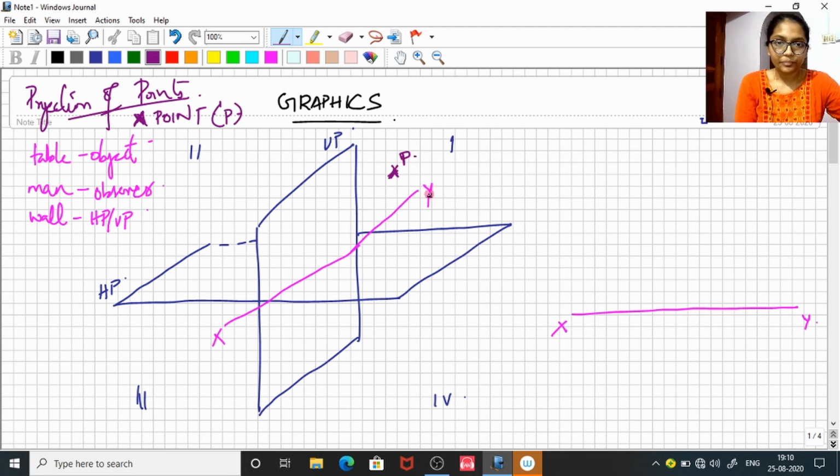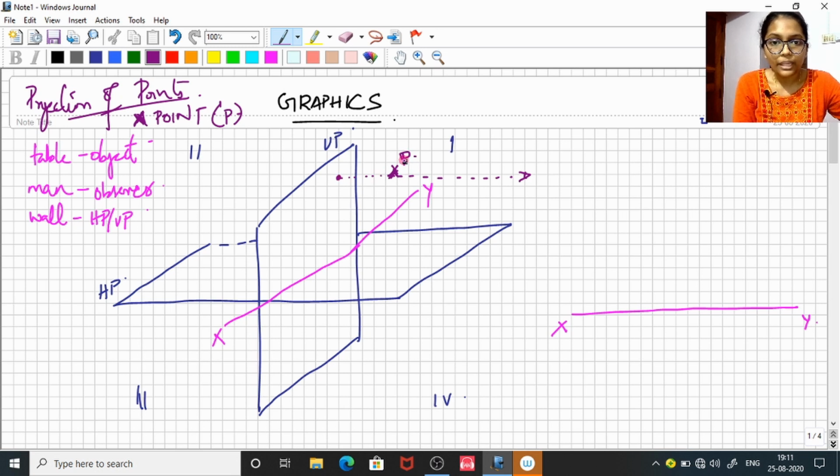So this is your P, and we must have an observer, right? I am not going to draw that man, but I am going to draw the eye of the observer. This is the eye. While this observer is looking at this point, he is having a front view. Front view means the observer is standing in front of the VP.